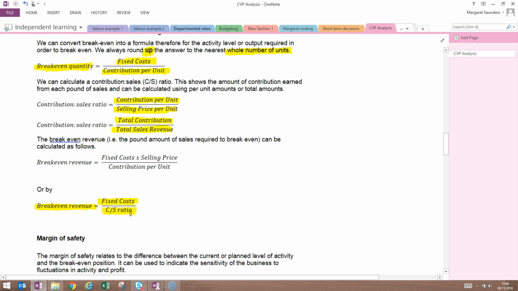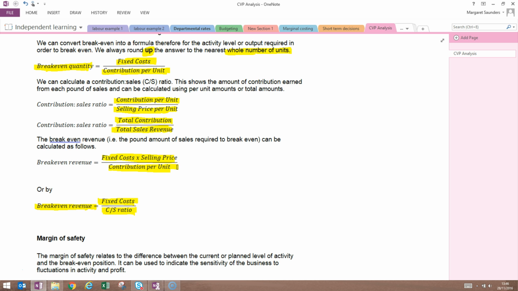So if you think back to the graph, this would be the break-even point that you would be reading off the y-axis. So it's in terms of a value rather than in terms of units. The other option would just be to calculate your break-even in terms of units and then multiply that by the selling price. That would also give you a break-even in revenue. So two ways of getting your break-even in terms of a value.